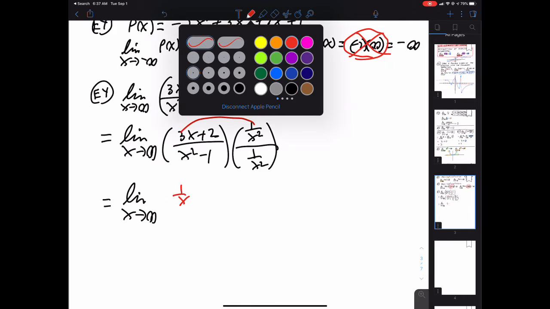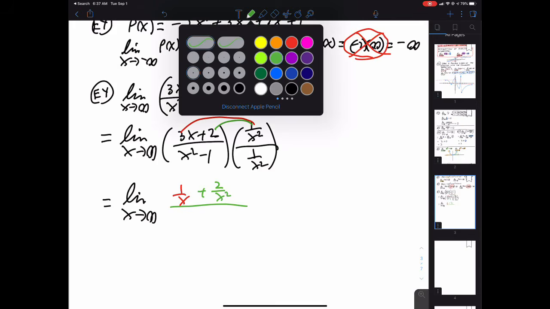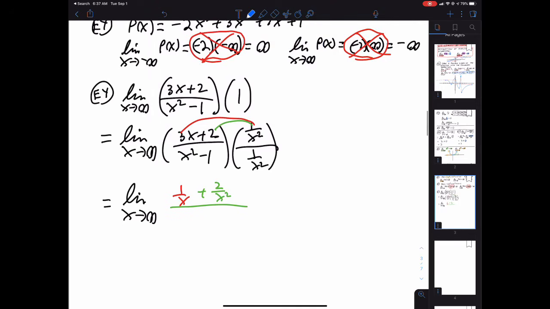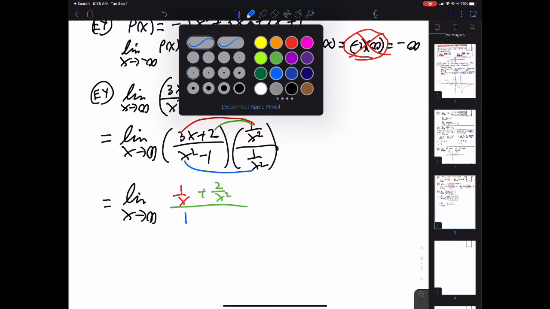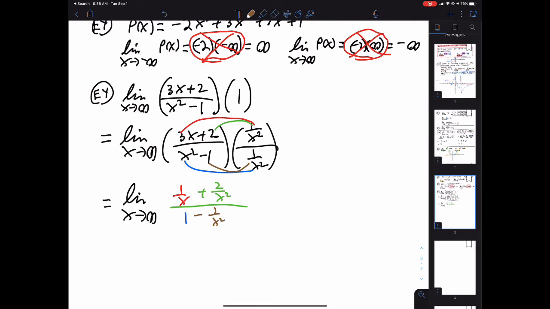And then another color. Distribute that. That becomes 2 over x squared. Do blue. Do that. That becomes 1. And let's do another beautiful brown. Minus 1 over x squared. Now let's go to the next step.